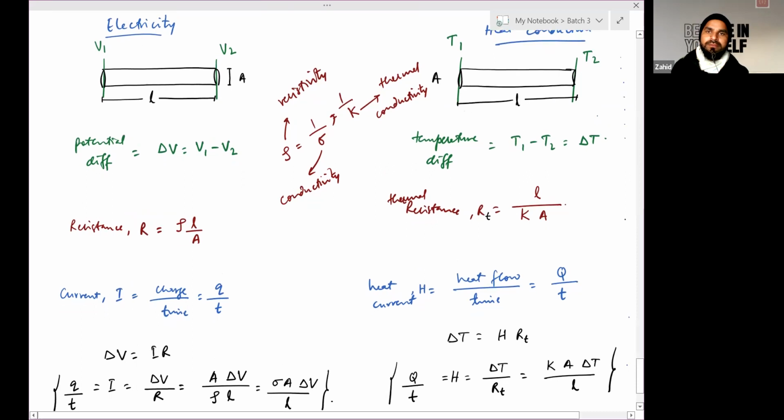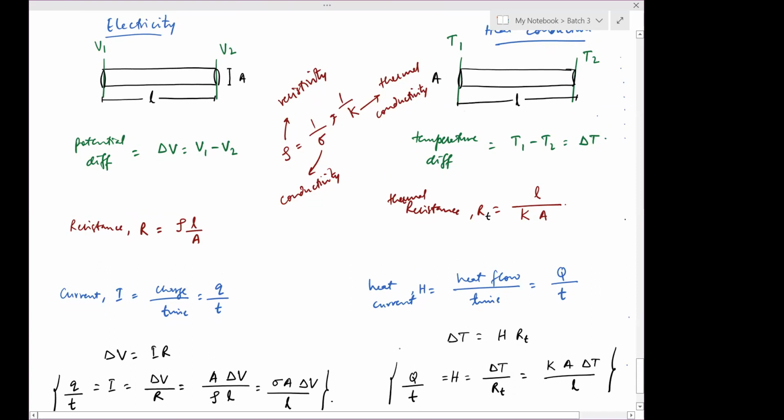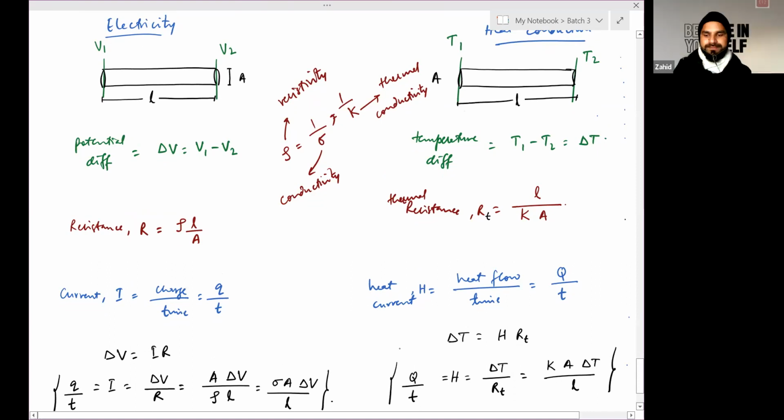Yusuf? Yes, sir. Okay, just write it down till this part. So try to relate or remember this particular formula according to this relation.